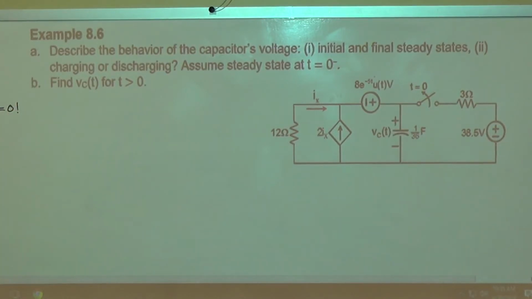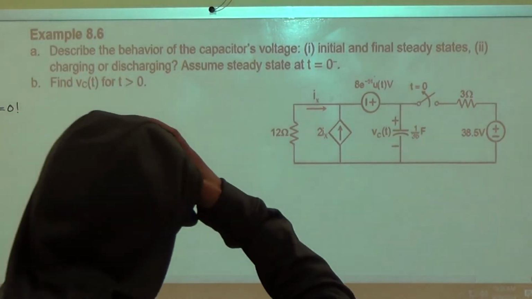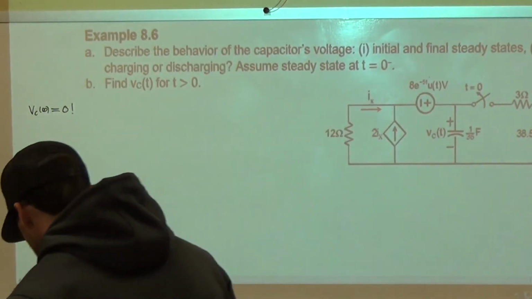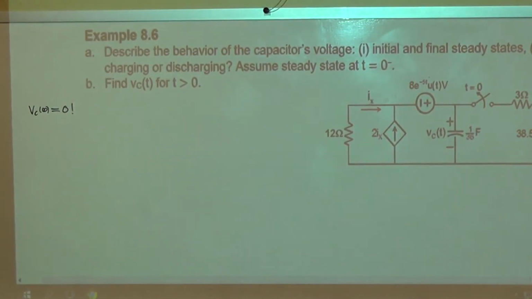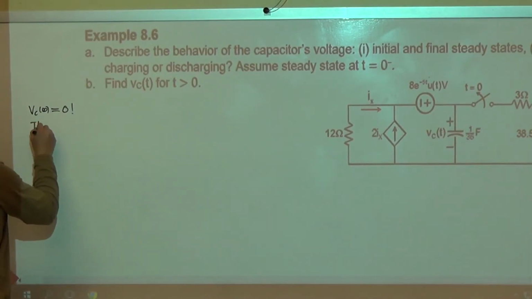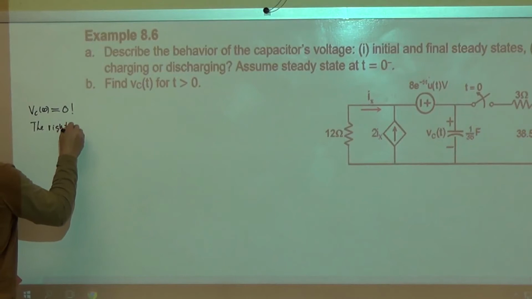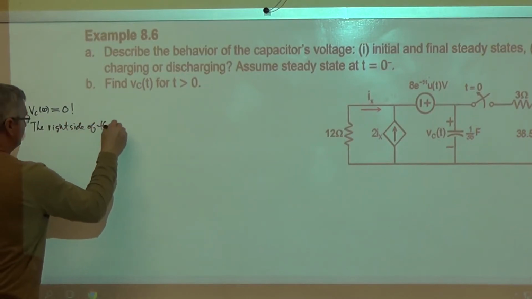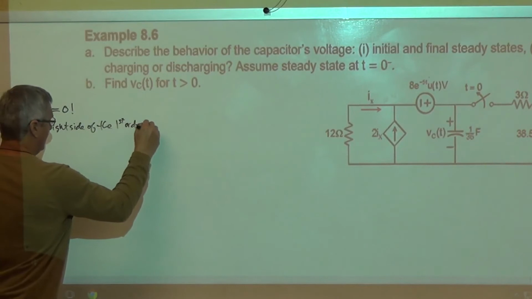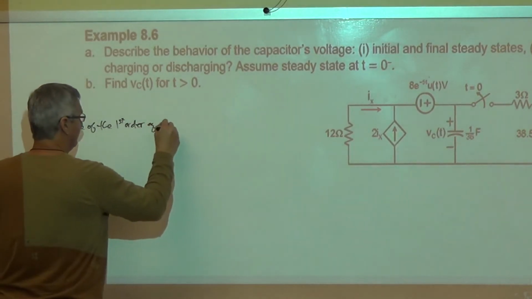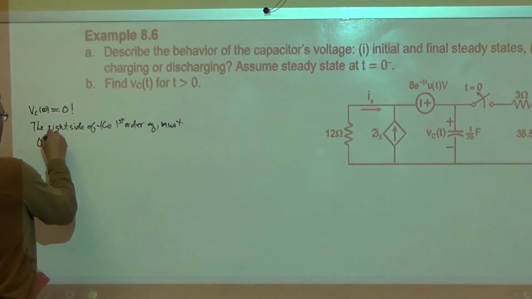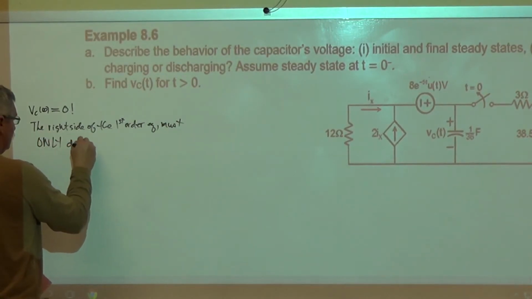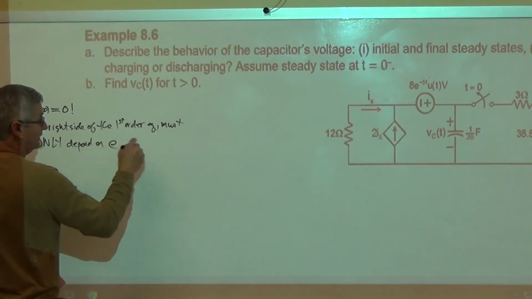So that means when I derive my equation, my right side of the differential equation should be exponential and therefore should be 0 when t goes to infinity. So this implies that the right side of the first order equation must only depend on e to what?